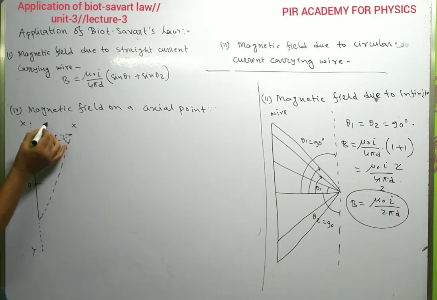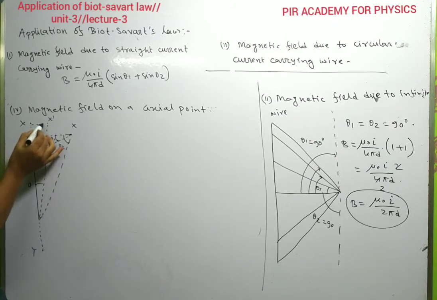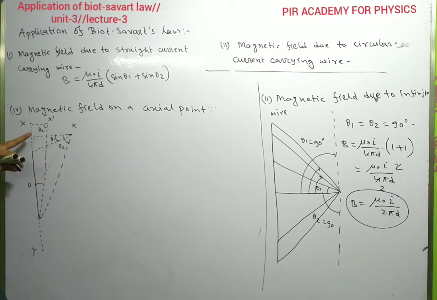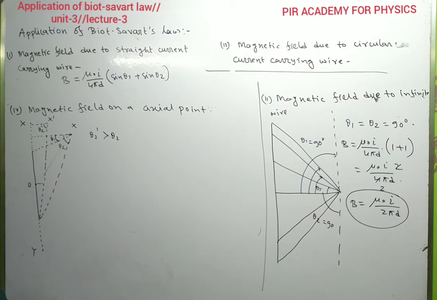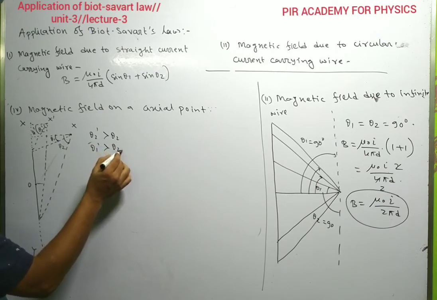Now if I take the value of theta 2, suppose it is along this, here you see that this theta 2 will be increased. Here theta 2 dash is greater than theta 2, and theta 1 will be greater too. Here theta 1 dash is greater than theta 1.